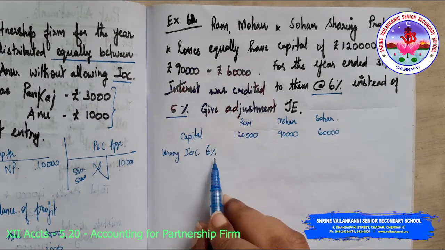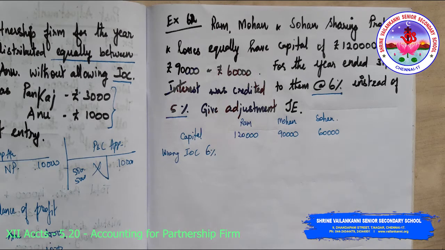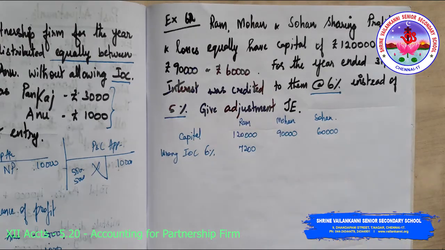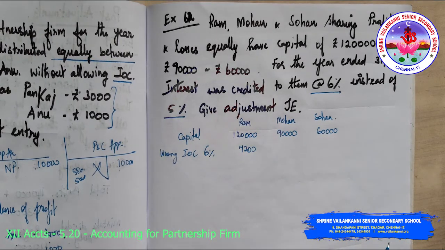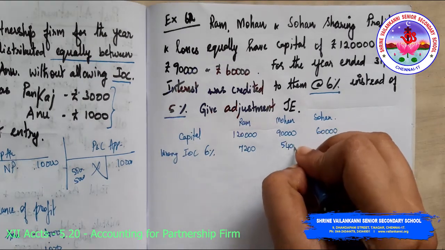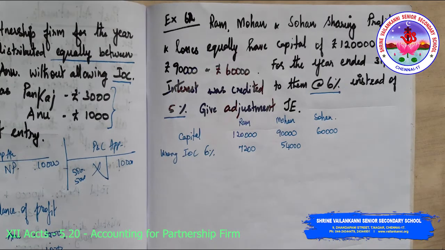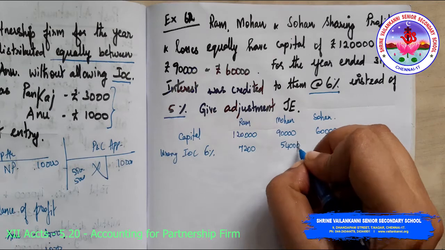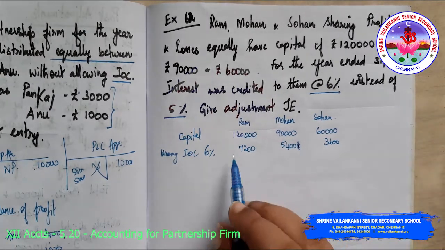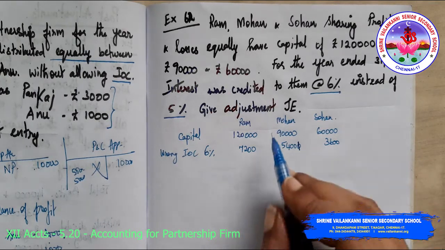What is 6%? 1,20,000 into 6% would be 7,200. 90,000 into 6% would be 5,400. 60,000 into 6% would be 3,600. Okay, so I have 7,200, 5,400, 3,600, which is a wrong figure.